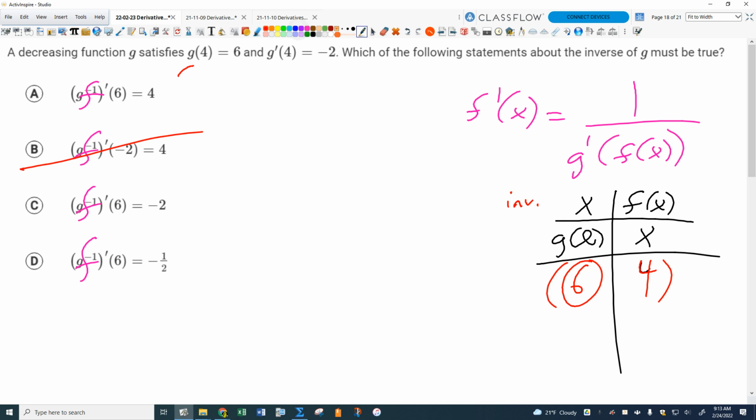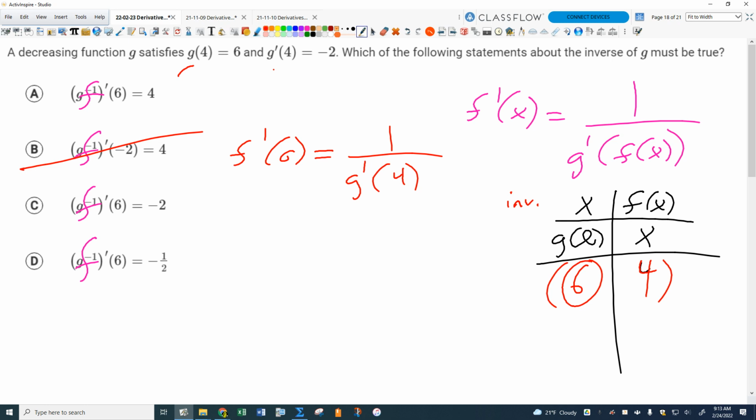And we know that f prime of 6 is 1 over g prime of 4, right? Well, g prime of 4 is negative 2, and so it has to be D, right?